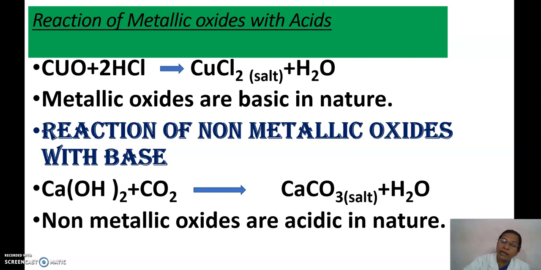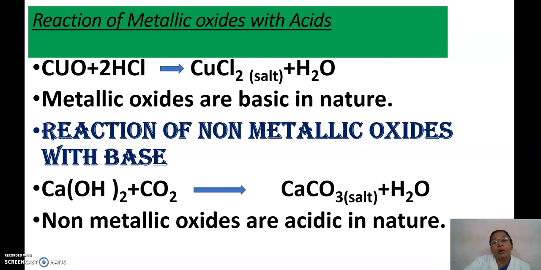And we have already tested the nature of magnesium hydroxide by using litmus paper. The red litmus paper changed to blue. That is the test to identify whether it is basic or acidic. So magnesium oxide is a metallic oxide that is also basic in nature. So generally metallic oxides are basic in nature.